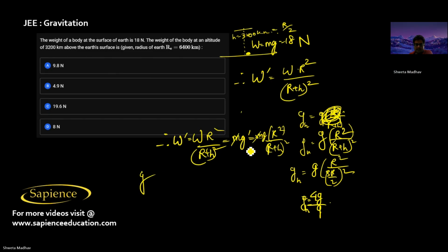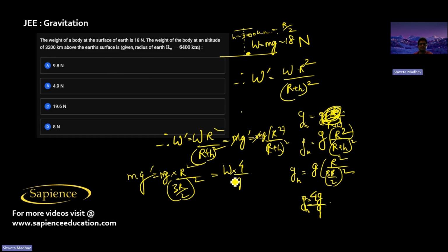So g dash will be equal to g into R square by R plus R by 2, so 3R by 2 whole square, is equal to mg, that is W into 4 by 9. So the weight is given as 18 newtons, so 4 by 9 into 18, which is 8 newton. So option D is the correct answer.